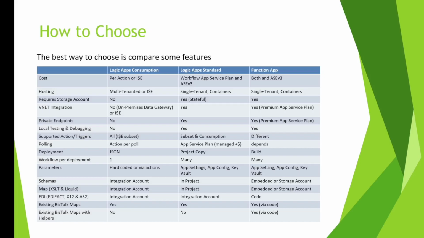If you want your Logic Apps to run completely hidden from the outside world inside of a virtual network, which means that everybody can't hit them, you need to run an ISE, which again is the same thing as we were talking about earlier. It's a set of virtual machines that you set up to run your Logic Apps. So you're buying the virtual machines at that point. So even though it comes under a consumption-based product, it's really not consumption-based. You're paying for virtual machines.